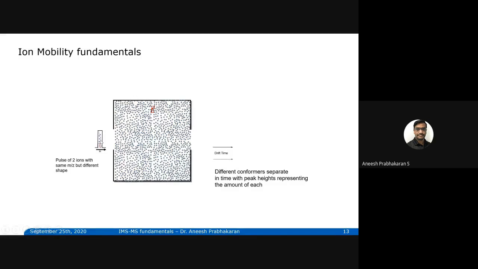You have the same protein, one in the native form and one in the stretched form. Both have the same mass, and they pass through the chamber; the native one reaches first and the other one reaches later. This way we can separate them. If we have a detector, it will give signals at two different times, and the one arriving later is the denatured one. That way we can identify what kind of proteins these are.